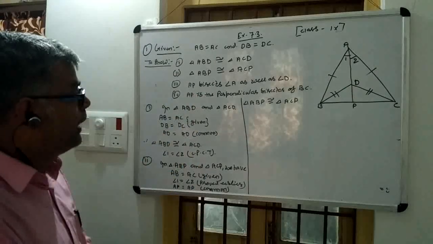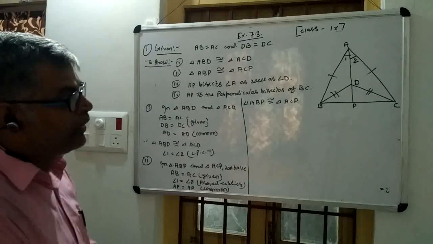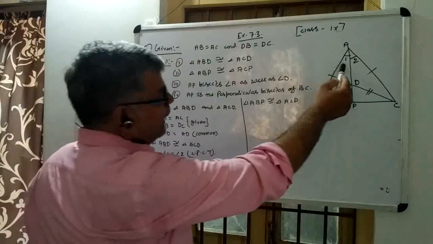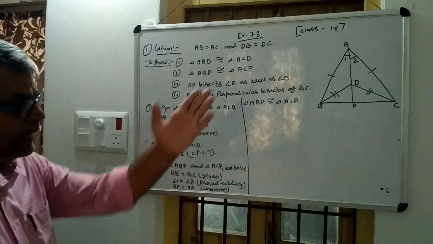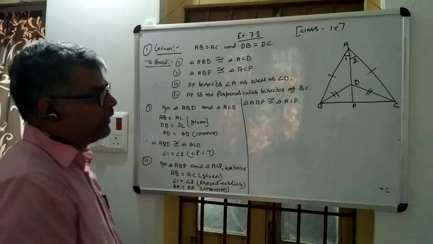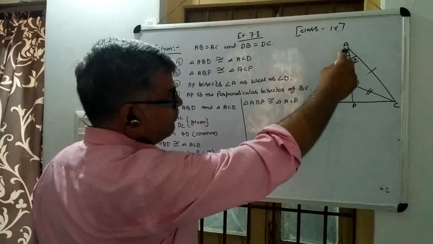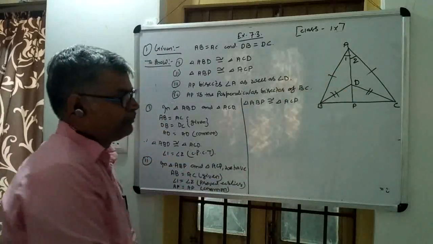Now we have to prove that AP bisects angle A as well as angle D. We have already proved that angle 1 equals angle 2, so AP clearly bisects angle A. Now we have to show that AP bisects angle D also.